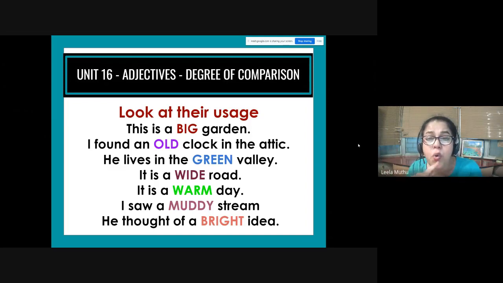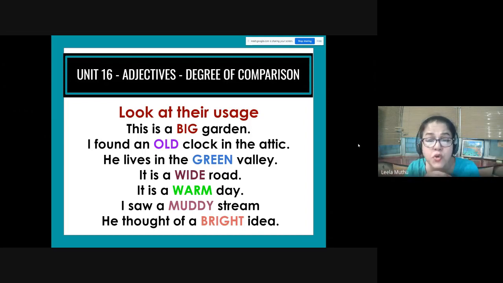I found an old clock. We're talking about a clock that is old. Old comes before the noun clock in this sentence. I found an old clock in the attic. He lives in a green valley. So the valley is being described as being green and lush.